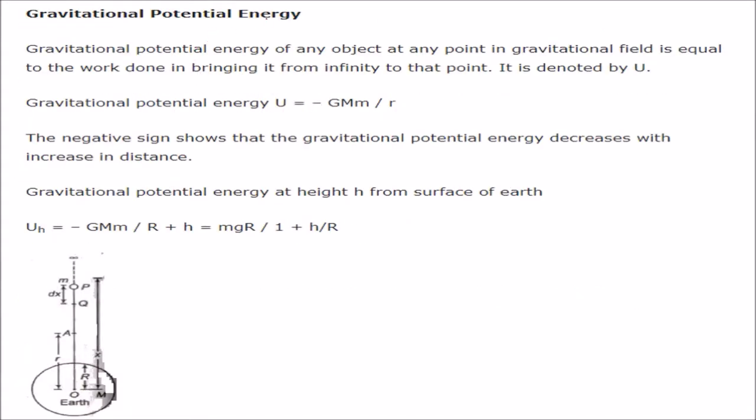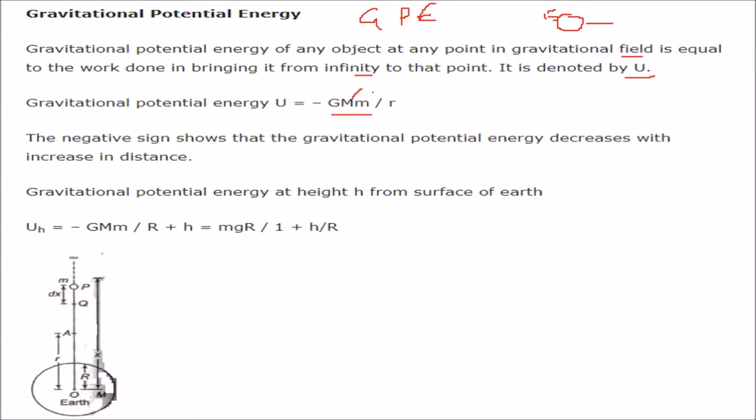Gravitational potential energy. So now we have seen about the gravitational potential. What is gravitational potential energy? The gravitational potential energy of any object at any point in the gravitational field, because every body has some gravitational pull, say again we take the example of Earth, is equal to the work done bringing it from infinity to that point, and this is denoted by U. This gravitational potential energy is given by minus G into capital M, small m by r.